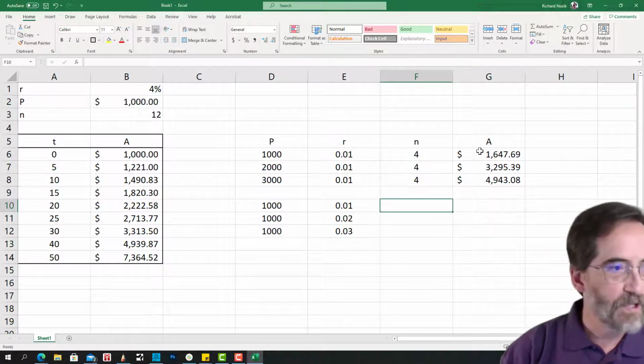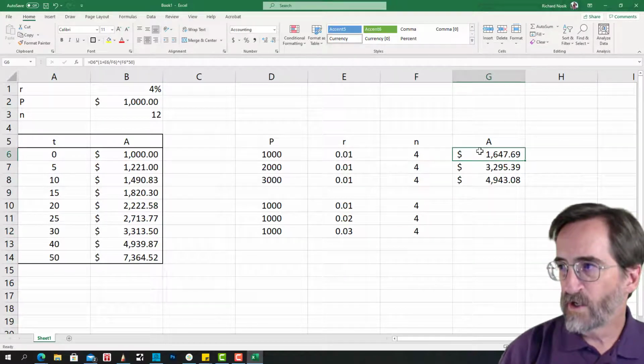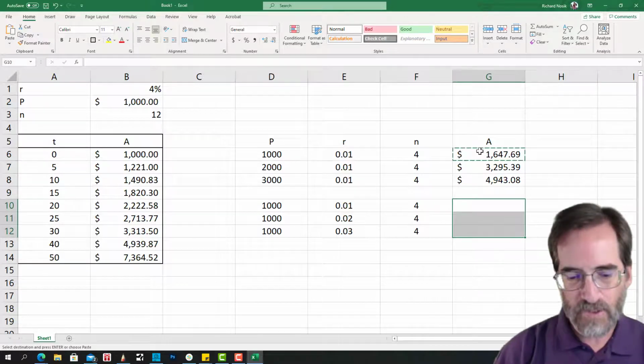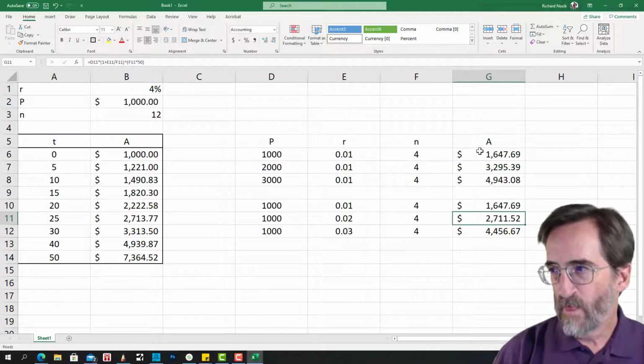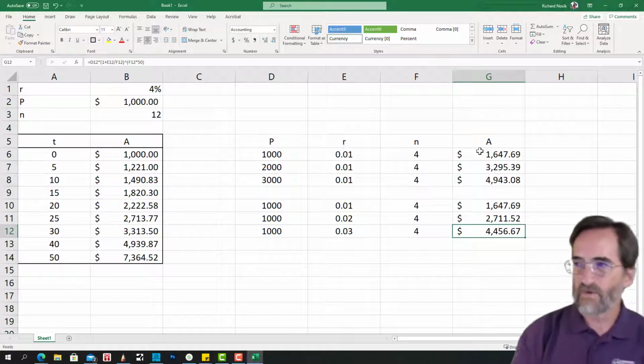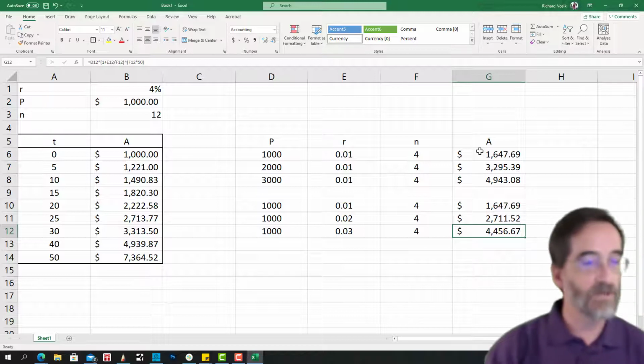And we're going to hold the compounding periods at 4. I've already typed this up, so copy and paste. Notice this has pretty good impact, but not quite as much as doubling and tripling the amount that we invest.